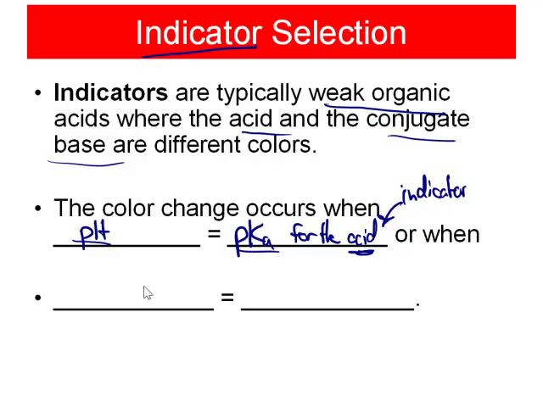At the halfway point, the concentration of the acid, meaning the indicator, is equal to the concentration of the basic form of the indicator. So where those two quantities are equal, the indicator acid is halfway titrated.